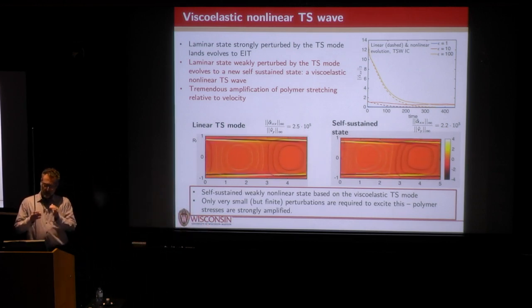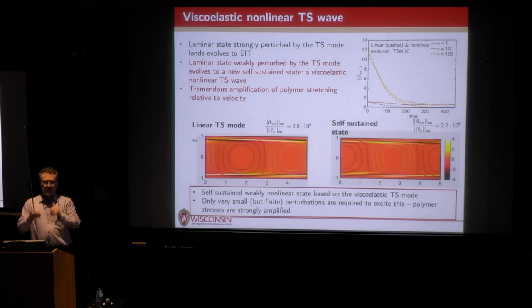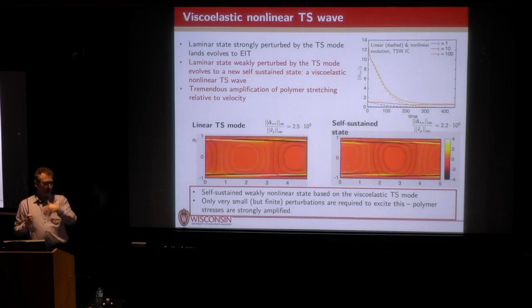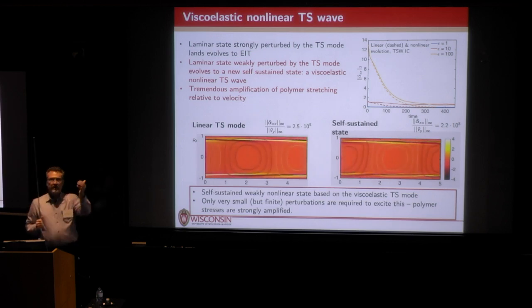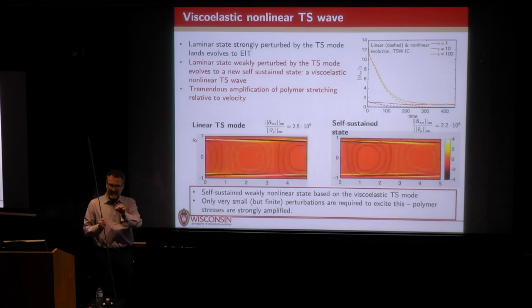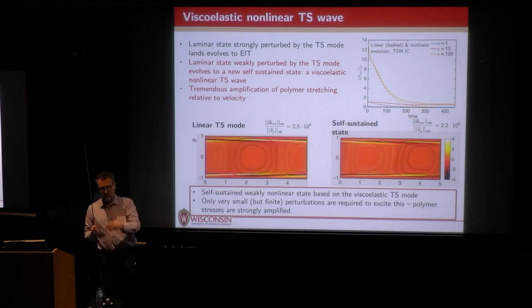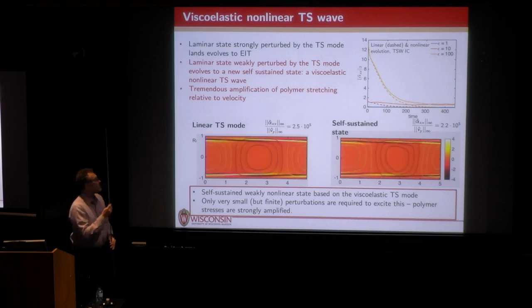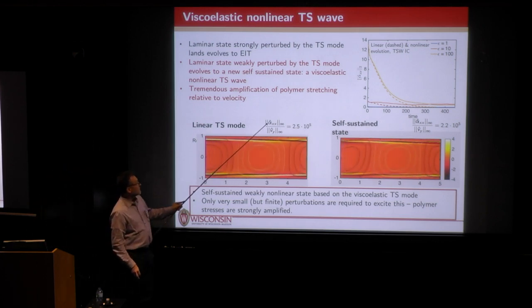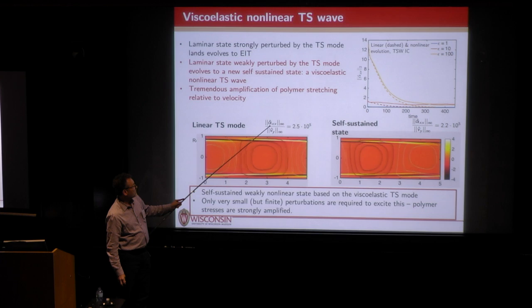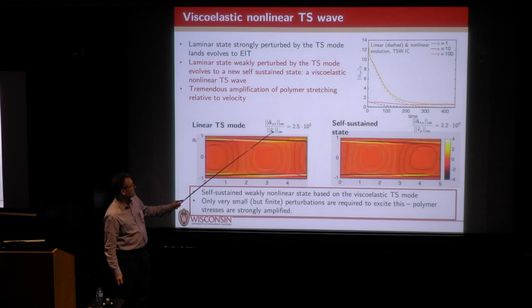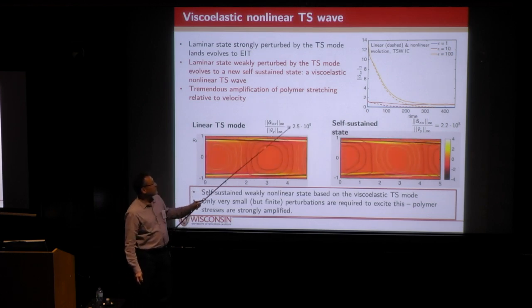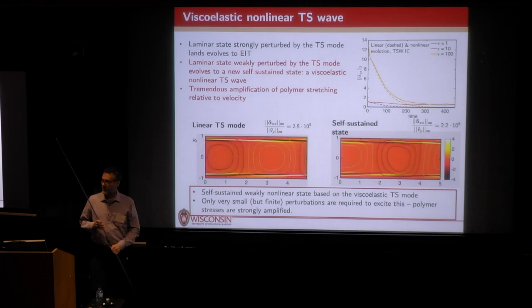If you use the laminar plus a big perturbation of the Tollmien-Schlichting wave, you'll get to elasto-inertial turbulence. If you have the laminar plus a tiny, tiny, tiny perturbation, it'll go back to laminar. You still have linear stability. But one thing that's quite striking here is that if you look at the maximum amplitude of the polymer stretch versus the velocity, it becomes quite enormous at high Weissenberg number.